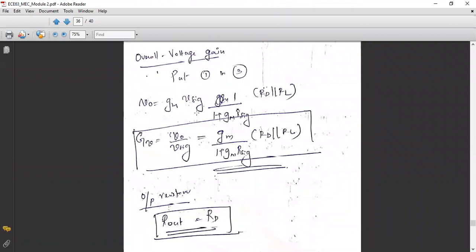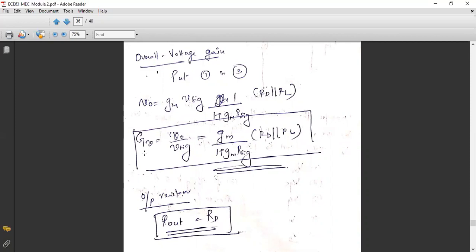So I put that here, and I will take this Vsig along with V naught so that you will get the ratio of V naught by Vsig, which is nothing but your GV. GV is the overall voltage gain. That is the fourth parameter. So till now, you have your input resistance, you have your voltage gain AV, you have your open circuit voltage gain AV0, and the fourth one, you have the overall voltage gain GV. So 4 parameters we have derived.